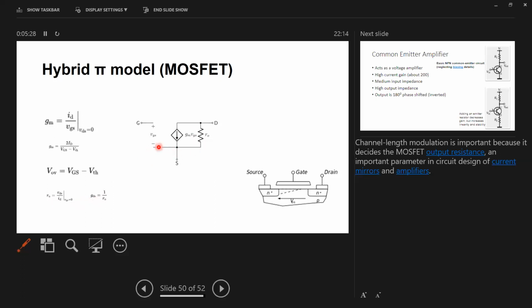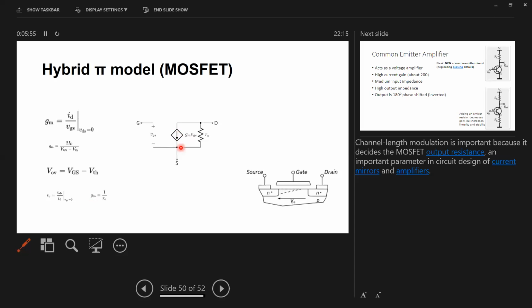Here you see the circuit. Your small vgs is applied between gate and source, and the output side is your output resistance. You have this dependent current source, which is the drain current, given as gm times vgs. So gm will be the drain current divided by vgs.